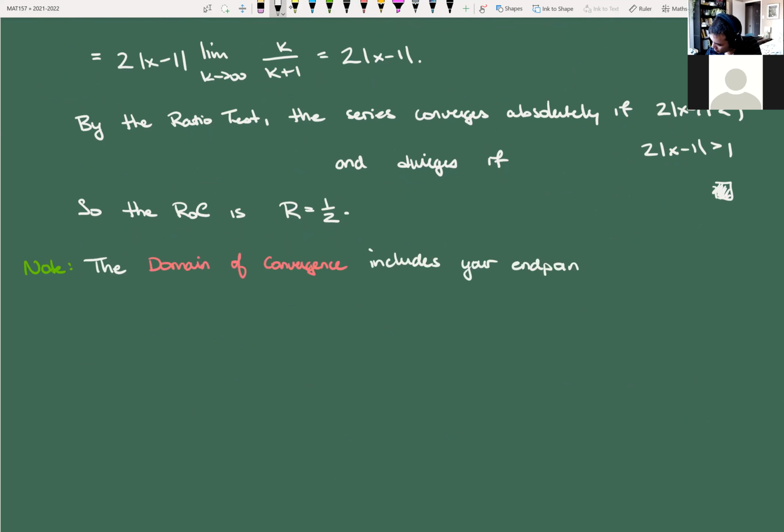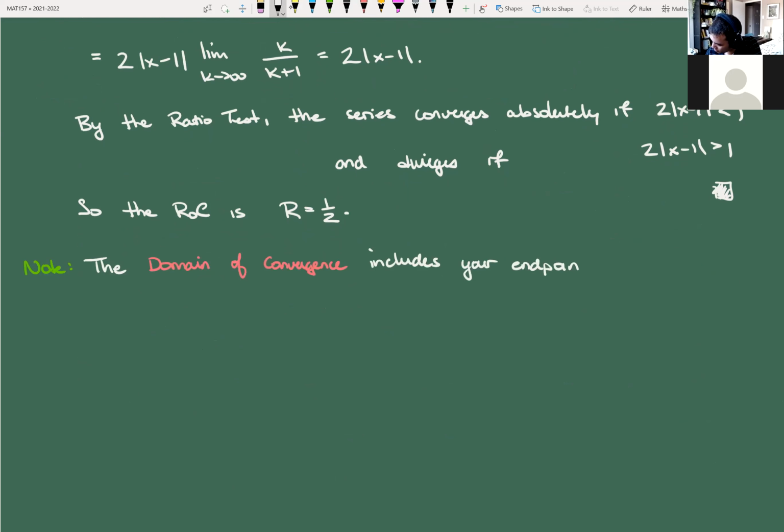Like I said, in this case you just have two endpoints. We said the radius of convergence is 1/2. So let's plug in what happens when r is equal to 1/2, and that corresponds to the absolute value of x minus 1 being equal to plus or minus 1/2.